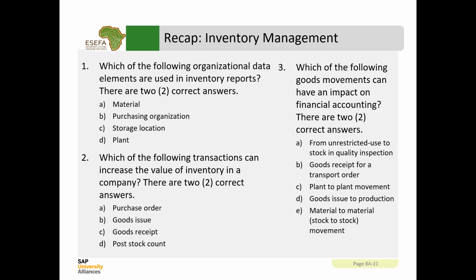There are two answers. So which of these two answers? C and D. C and D. Okay, plant to plant movement, goods issue to production.